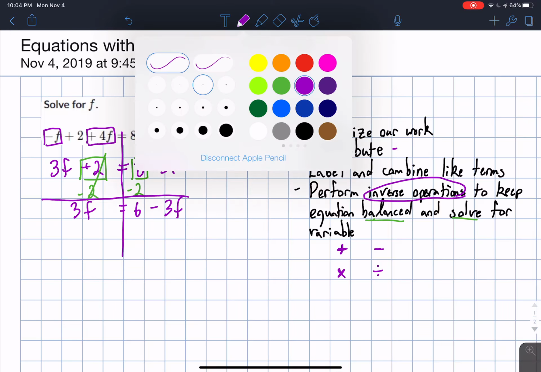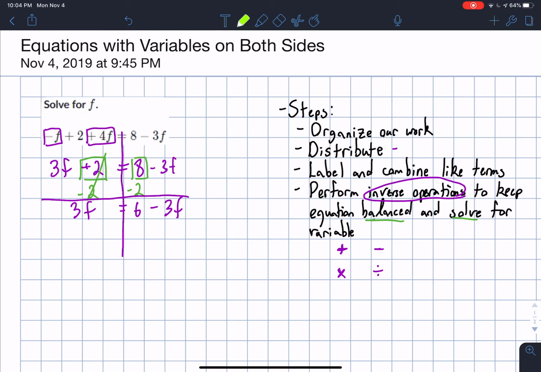So the next part, we're going to be looking at our variables tied to our coefficients, and we're going to try to put that on our left side.